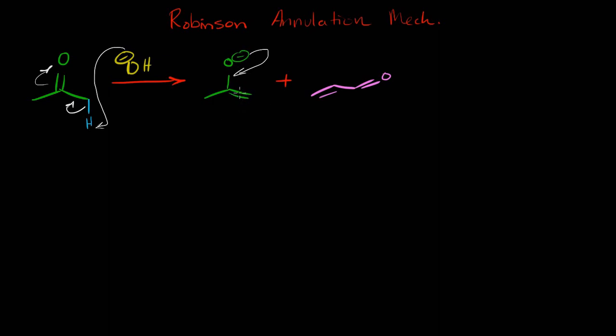When they do that, these electrons have to break. They'll break through that carbon, and they will attach to this alpha beta unsaturated aldehyde via a Michael addition. Or if you're not comfortable with the Michael addition, you can also call it a 1,4 addition / Michael addition.